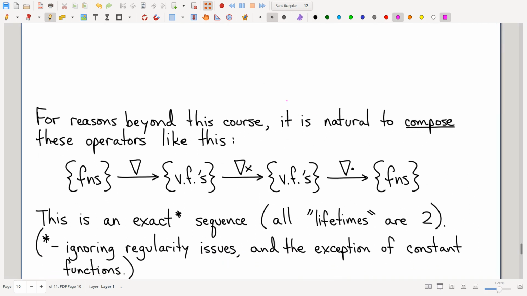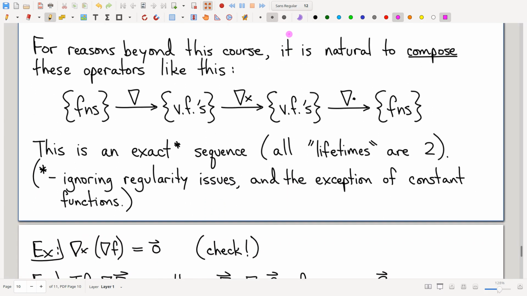Okay, so we've talked about divergence, we've talked about curl, we have previously talked about gradients, and it turns out, and this is, by the way, we're about to dip our toe into some really deep waters. This is extremely sophisticated mathematics. This is stuff that Gauss himself never knew, right?